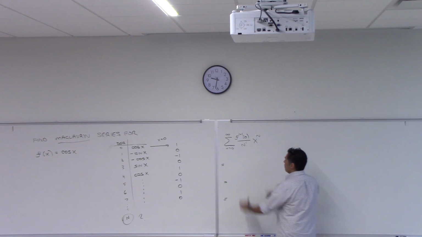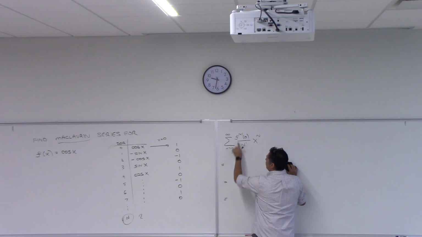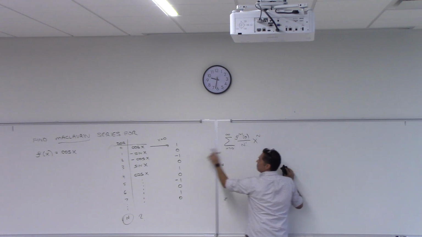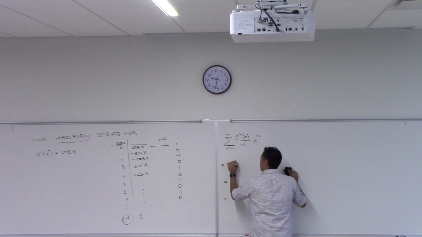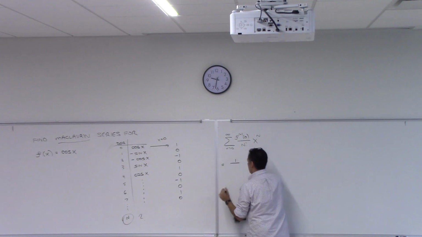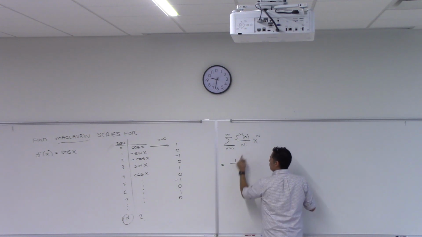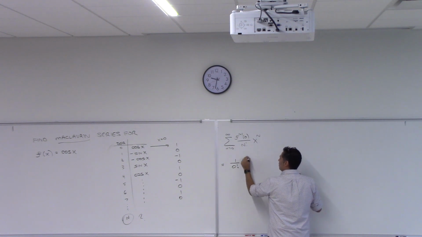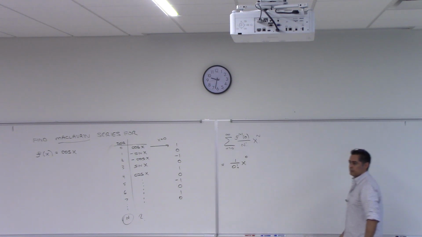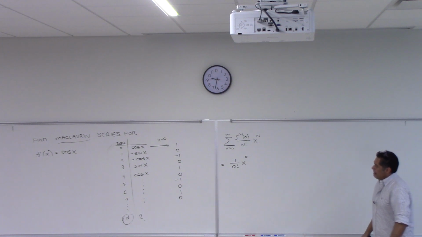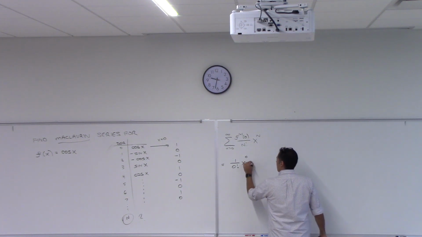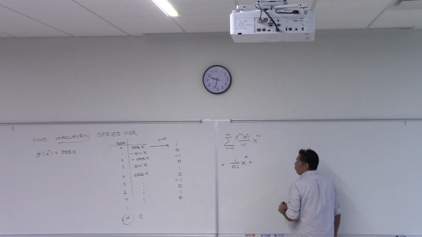Okay, let's do it. If n is 0, we want the 0th derivative at 0, which is 1. So 1 over 0 factorial x to the 0. And then plus, now let n be 1.